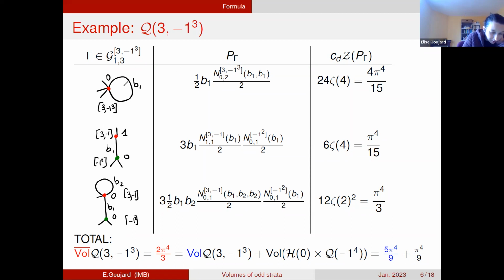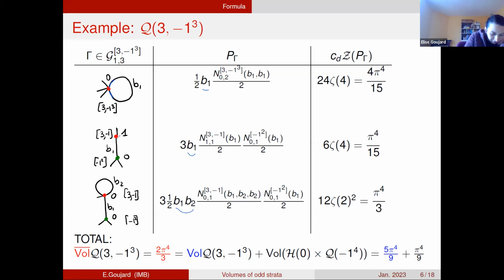So let me just apply the formula. For each stable graph, I have a polynomial. The polynomial has a term which is just the product of the variables, B1, B1, B1, B2. This is the easiest term. And then for each vertex, I get this polynomial. What you can see is that I apply to each vertex the polynomial in the variables that correspond to the edges adjacent to this vertex. Here, these two edges are labeled by B1, so I just put these two variables, B1, B1.